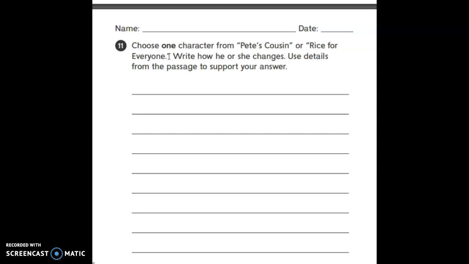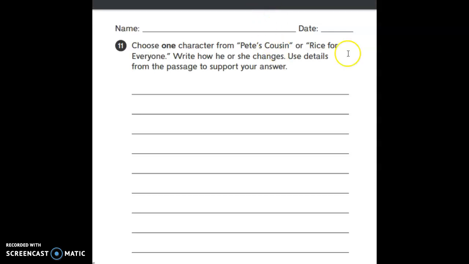In your writing, the third thing you need to do is make sure you tell or use details from the passage. In other words, tell what the character did that shows that they changed from the beginning to the end.